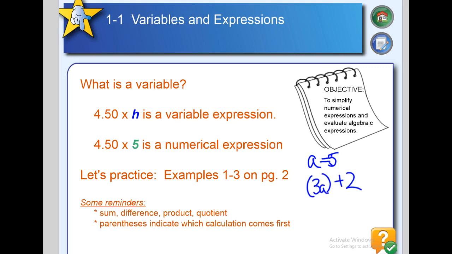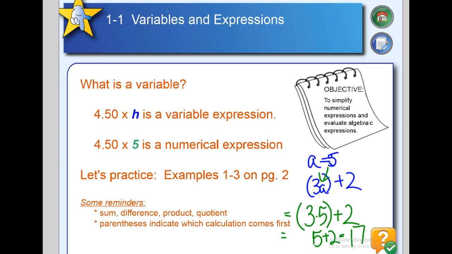Again, they want me to evaluate. Before I can evaluate, I have to substitute that 5 in for A. So we're going to say 3 times 5. Ooh, that's inside the parentheses now, plus 2. That's right, parentheses first. So 3 times 5 is 15 plus 2. Final answer, it equals 17.